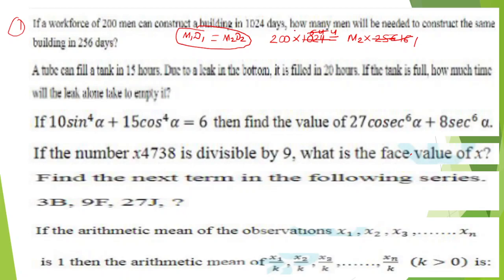Now we multiply 200 with 4 and get 800 as the M2 value. So 800 men will be needed to construct the same building in 256 days. The correct answer is 800 men.